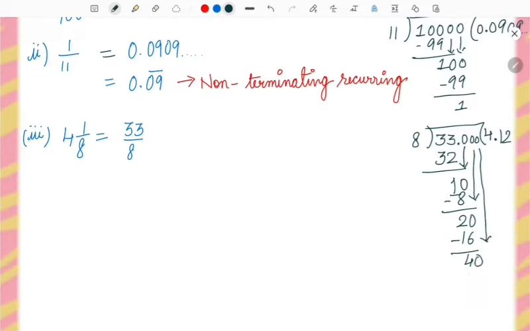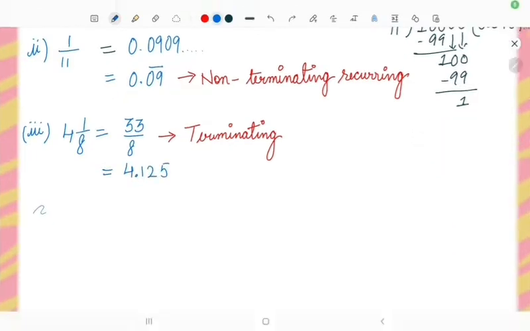This would be 40. 8 5s is 40, and the remainder came out to be 0. So because the remainder came out to be 0, the expansion would be terminating. This is equal to 4.125.